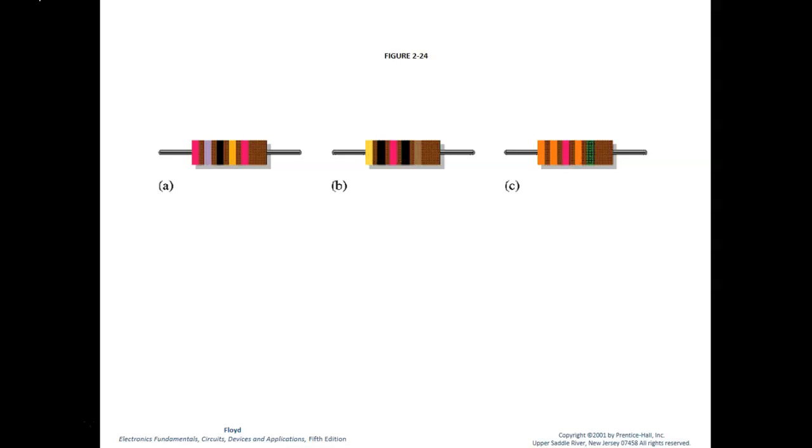So what would be my upper range of 402 with that 1%? 406.02. What's my lower limit? 397.98. We'll check those here in a minute.